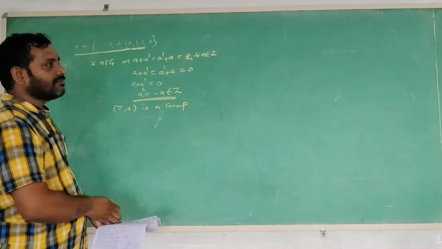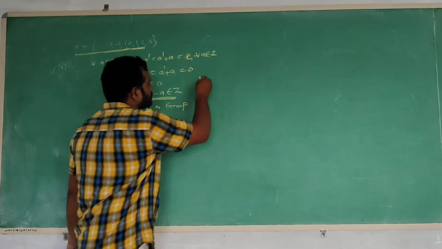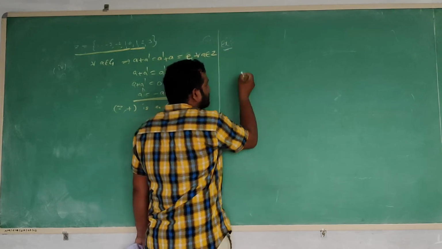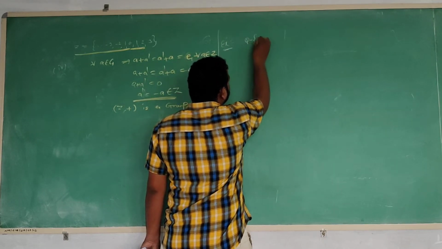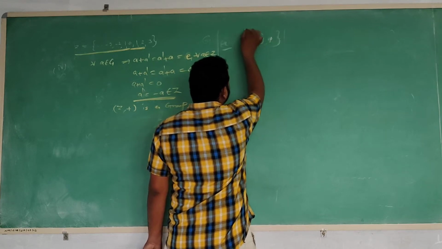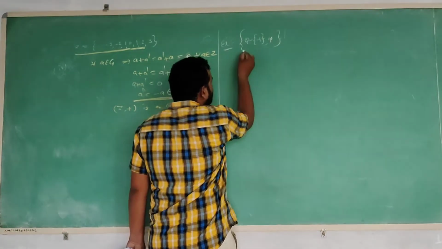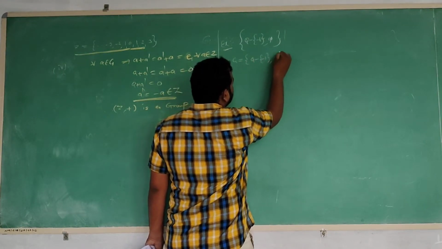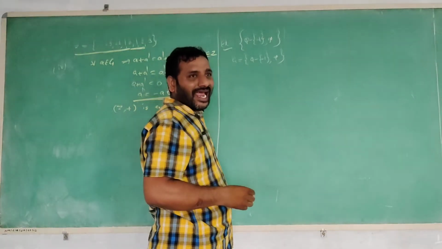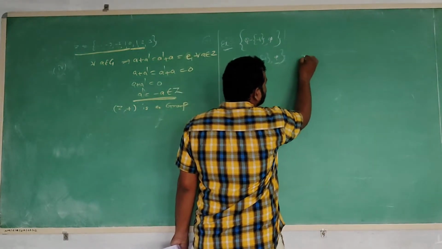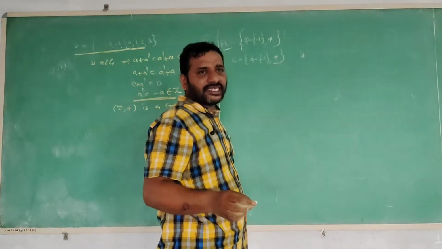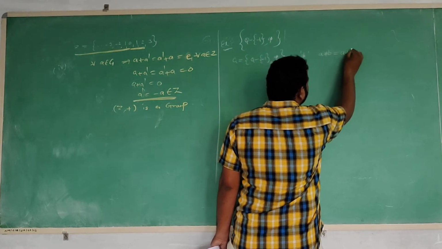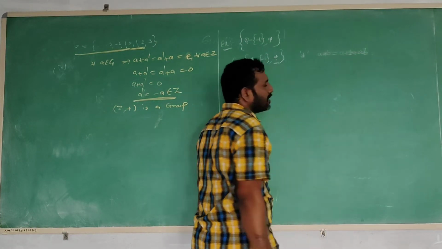Now we can take another example here. The set Q minus {1}, with star, G equals the set of Q minus 1, comma, star, and the operation star is defined by a star b equals a plus b plus ab.